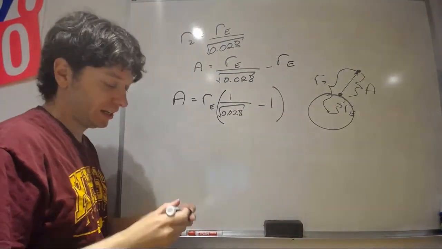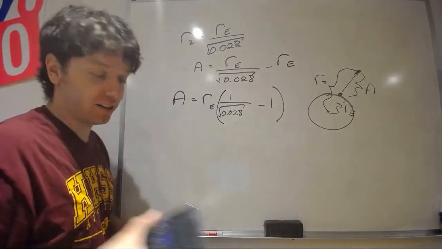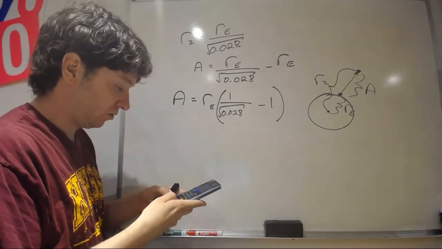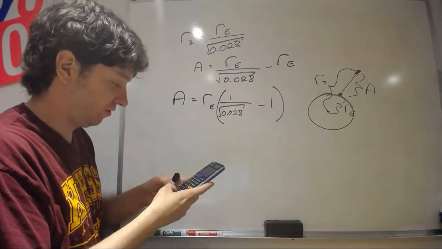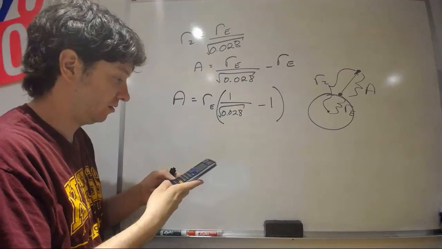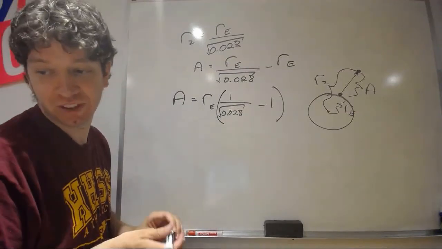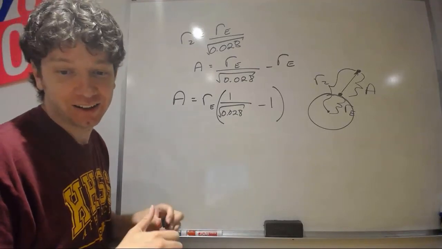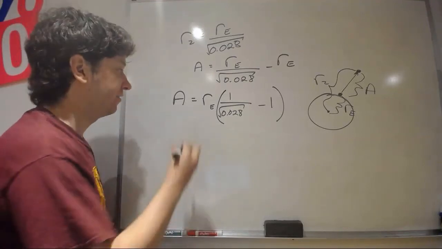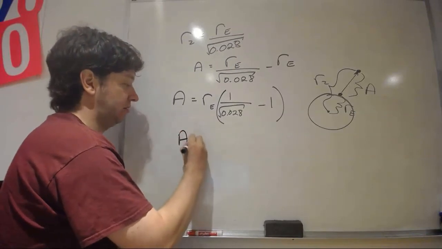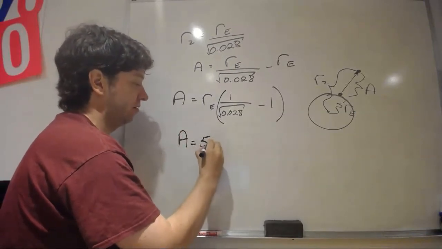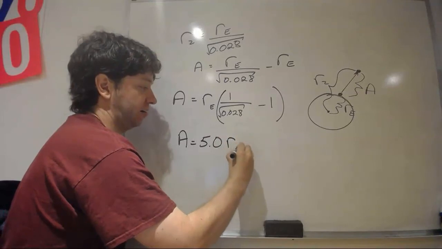Okay. Now you can plug in that bracket onto your calculator. 1 divided by the square root of 0.028. Subtract 1. And you get 4.98. We can round that to 5. So A equals 5.0 RE.